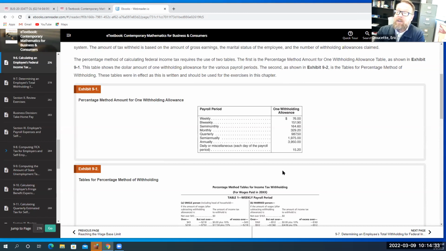So if it's weekly and it's 2 withholdings, then they would take 76 plus 76, and that would be their withholding. And so you can look at the chart and realize, okay, how are they paid and how many withholdings do they have? And then you're going to figure out how much you're going to deduct from their weekly paycheck. And I'll show you how to do this in a second.